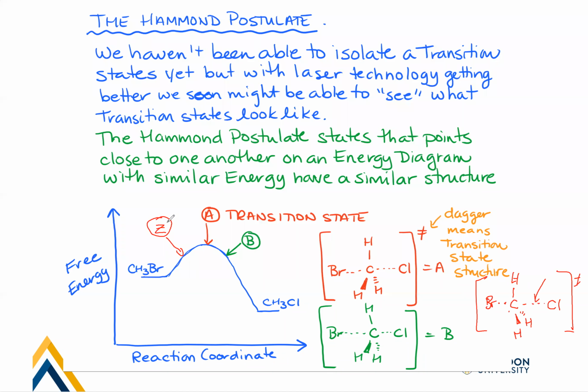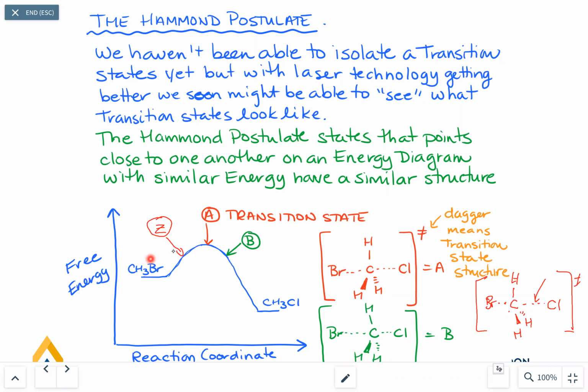So we were saying that the transition state is closer to this structure. B would be closer to this structure, but they're not those structures yet because they haven't reached this point of the energy diagram. And point A would be right in the middle, so this distance would be equal to that distance.